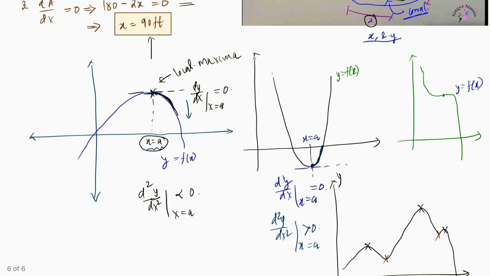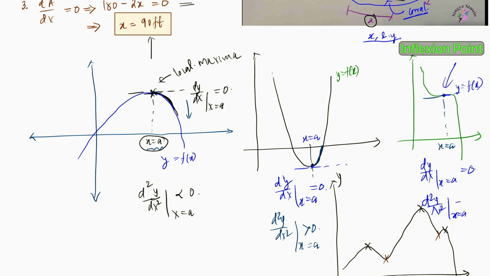But if you consider this point, x equals a, the first derivative of the function at x equals a is 0. Even after it passes x equals a, the slope doesn't change, it still remains 0, right? Which means the second derivative at x equals a is 0, so there is no change in the slope even after passing the critical point.